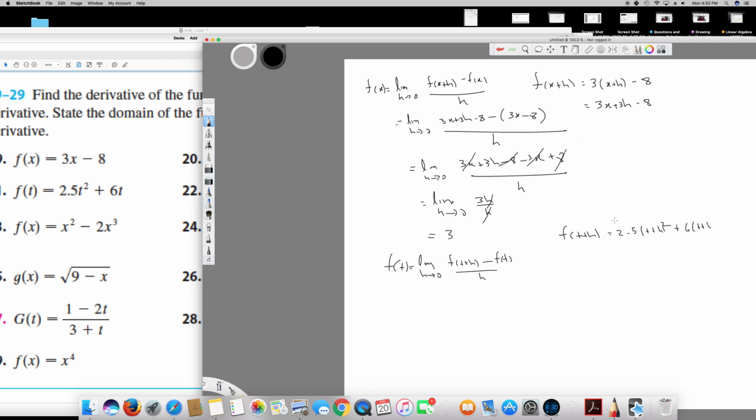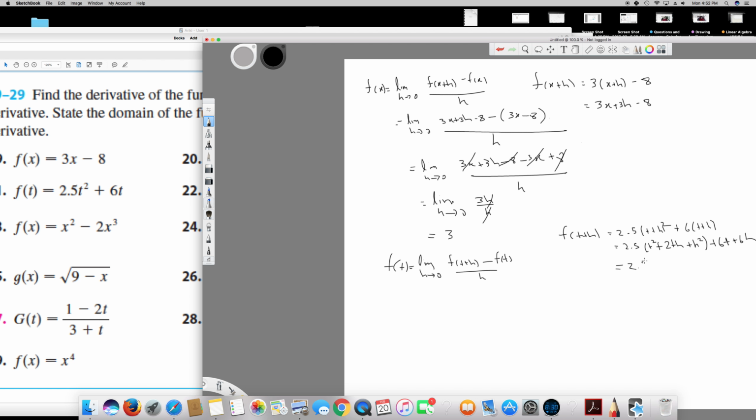If I expand this one, 2.5, if you expand (t plus h) squared, it will become t squared plus 2th plus h squared. So this is the expansion of adding squares, and this is going to be plus 6t plus 6h, and then I can expand this one.